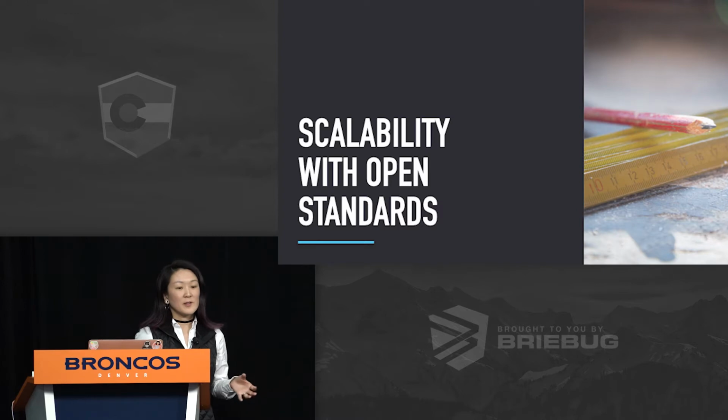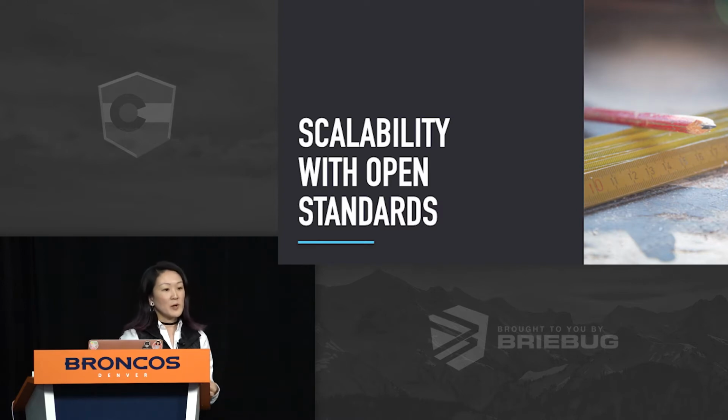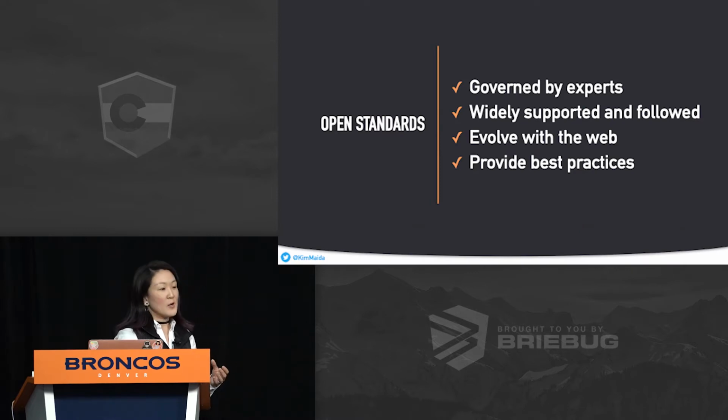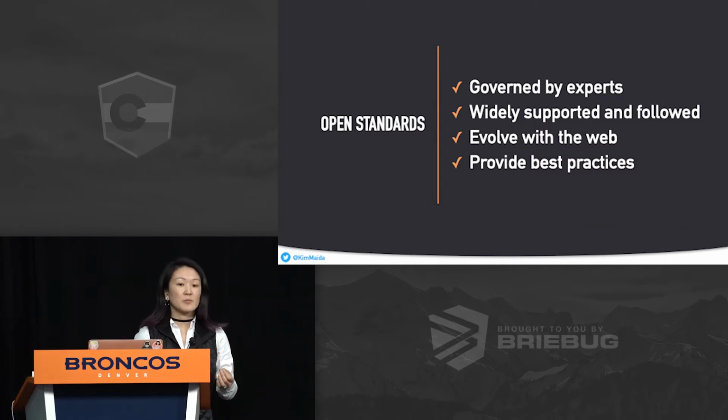Now, when it comes to identity as a whole, if we want to achieve something like really good scalability, then one of the first places we should start is with open standards. And there's a few reasons that we should do this. Open standards are written and also stewarded by groups of experts in applicable fields.